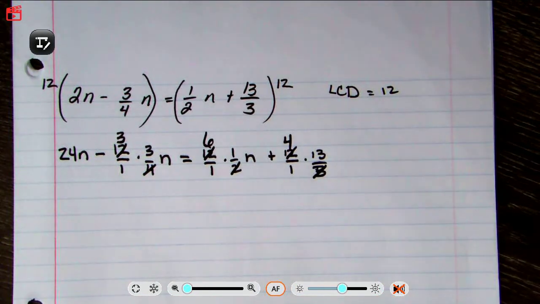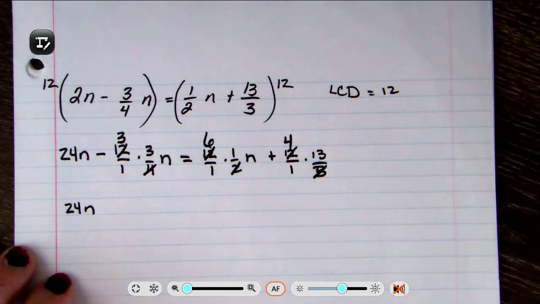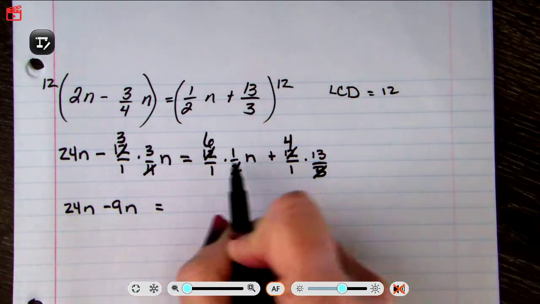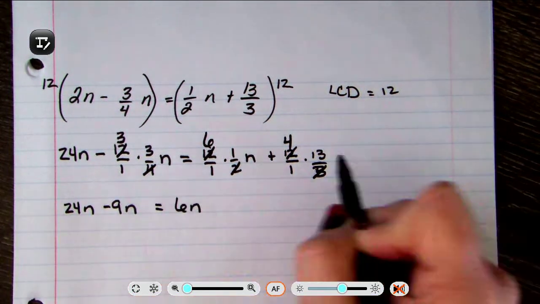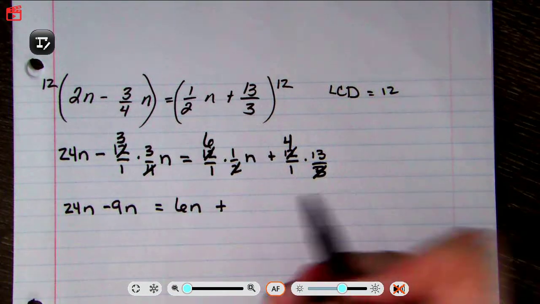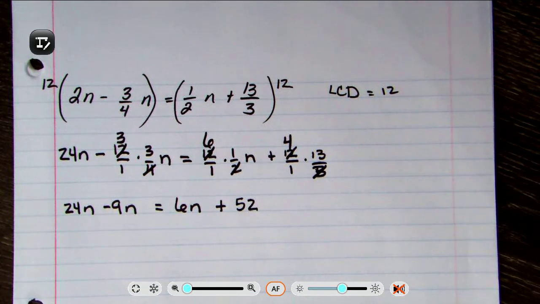I'm reducing my fractions, and I'll have 24n minus 9n equals 6n plus 4 times 13 is 52. Okay, and if you need to dig out your calculator to do 4 times 13 just to double check, feel free to do so.